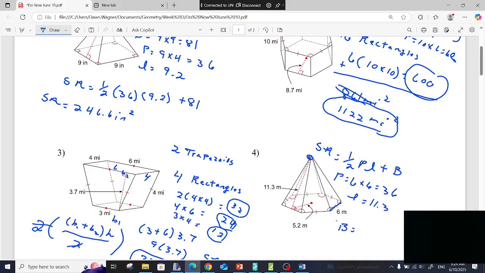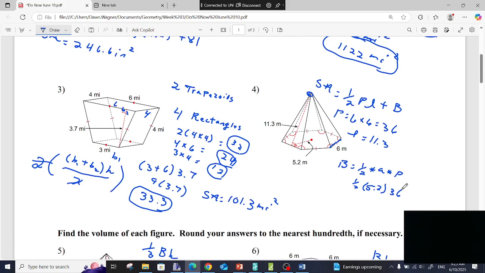Area of the base. The base is a hexagon, so you have to use the regular polygon formula, which is 1/2 times apothem times perimeter. So that'd be 1/2. Your apothem is 5.2. Your perimeter is 36.